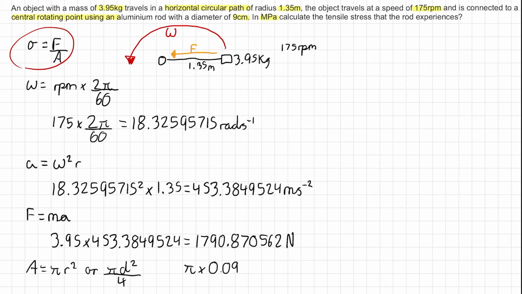You can either do it as 0.09 or 9 times 10 to the minus 2, squared, over 4, which gives us 6.36172512 times 10 to the minus 3.